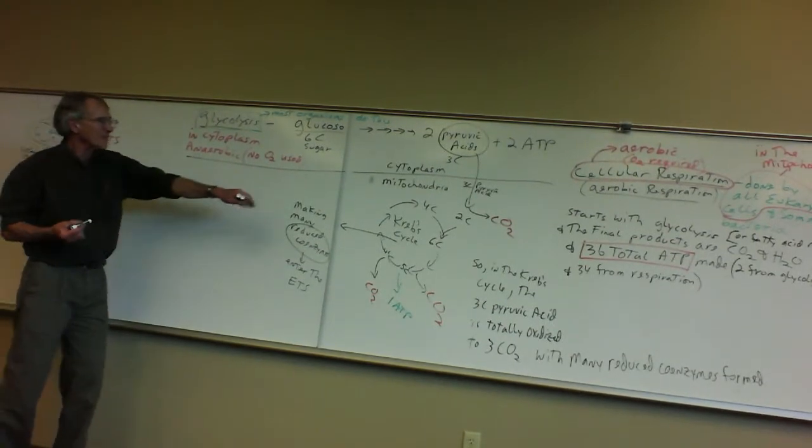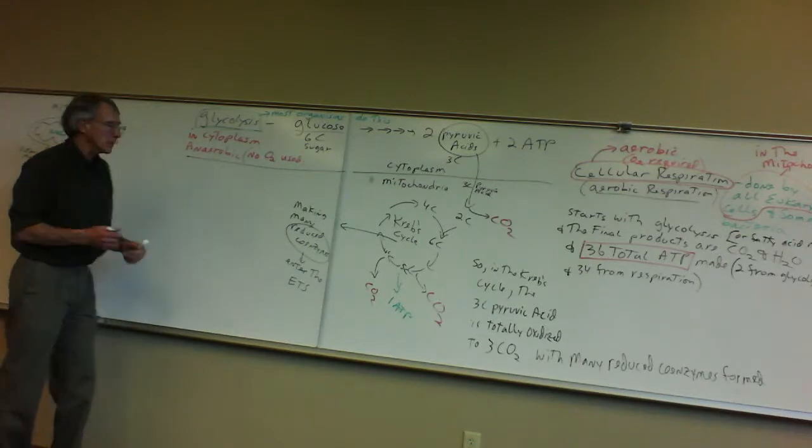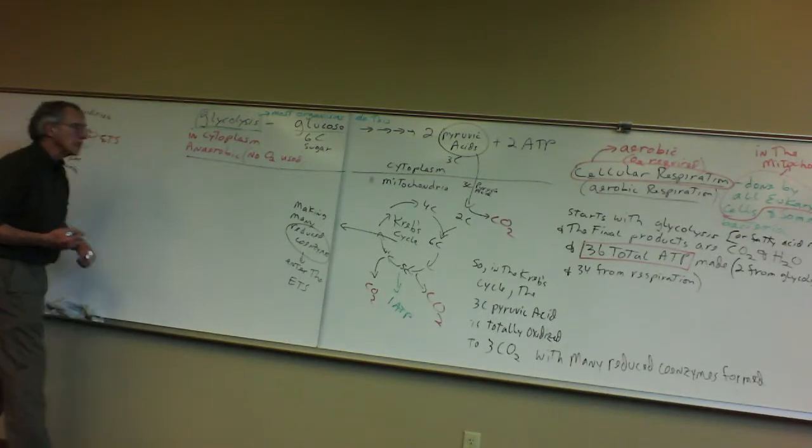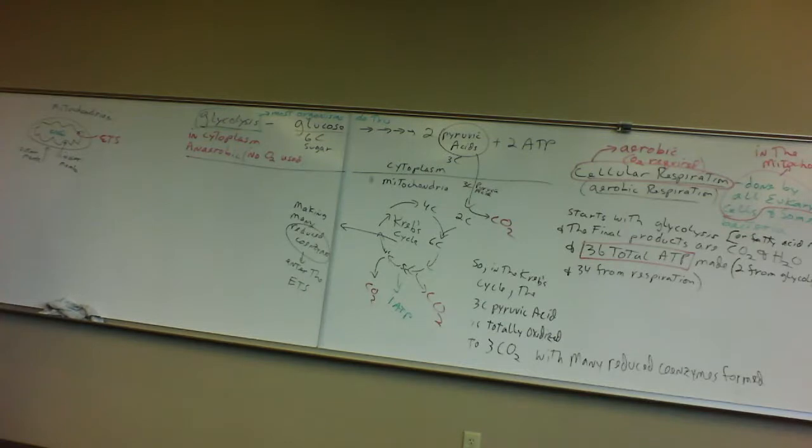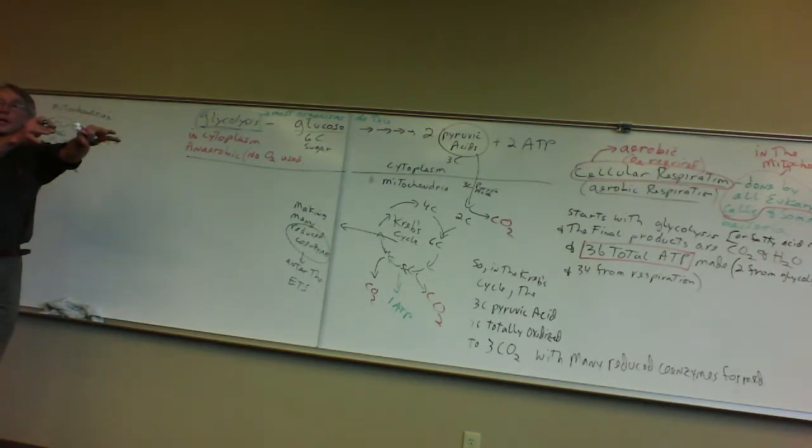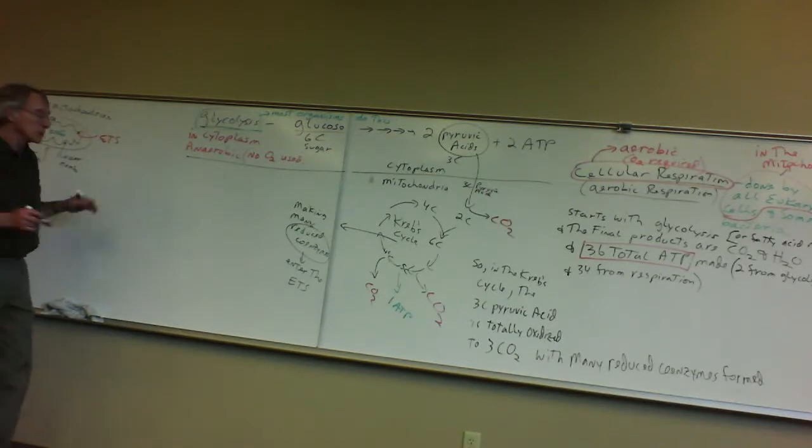So you make a whole bunch of these reduced coenzymes. And what are they? They're carriers of electrons and hydrogen ions. They're going to enter the ETS and give those electrons and hydrogen ions to the electron transfer system.